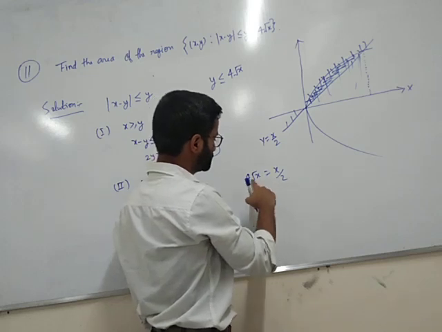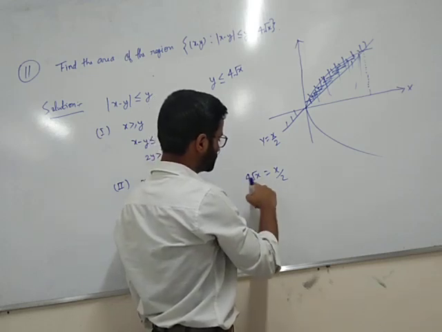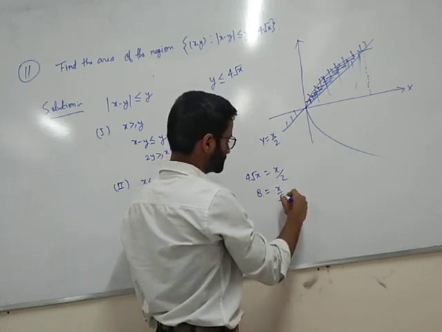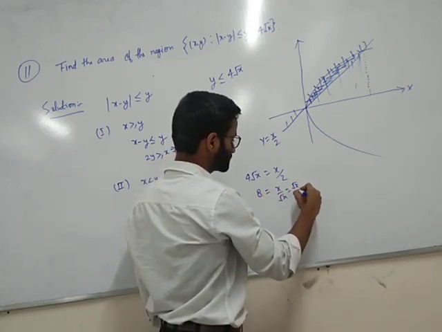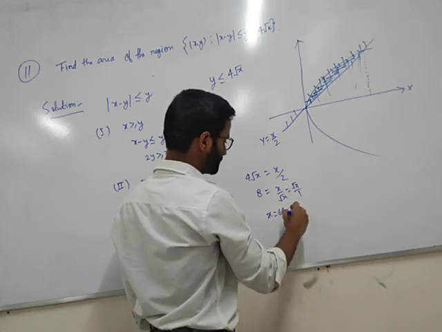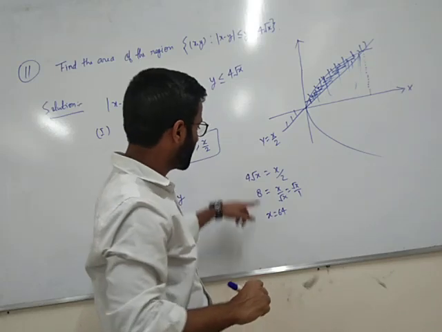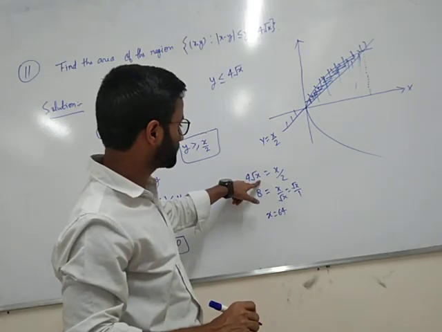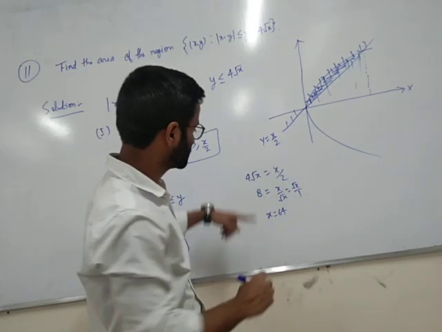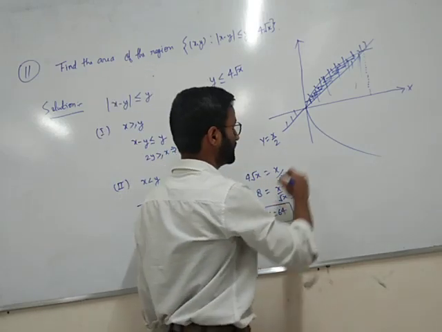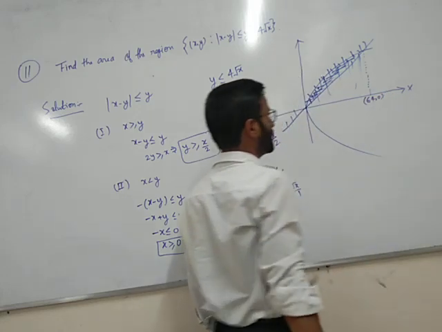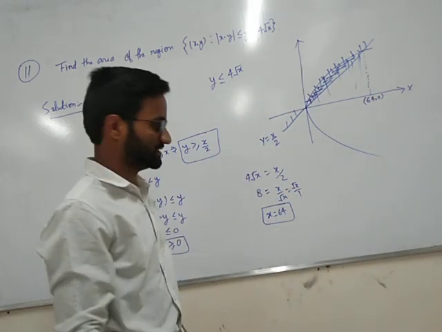So 2 will come to this side. 2 into 4 is 8, equal to x by root x. So root x is equal to 8. So x is equal to 64, and if we put x equal to 64 here, then y is 64 by 2, 32, so it's okay. So this is 64. So the point is 64 comma 32.